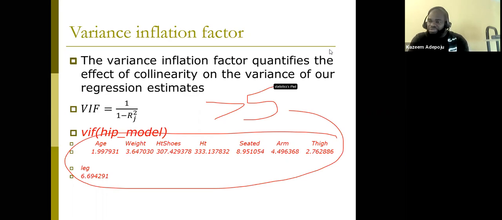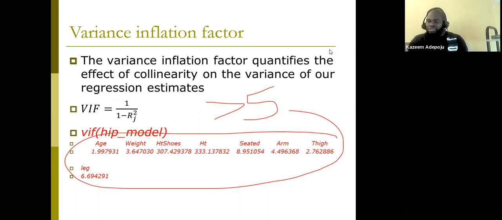That is the threshold that we're actually using. Though some statisticians argue that it should be greater than 10, some argue it should be greater than 5, but I belong to the group of statisticians that actually believe we should be using a threshold of 5.